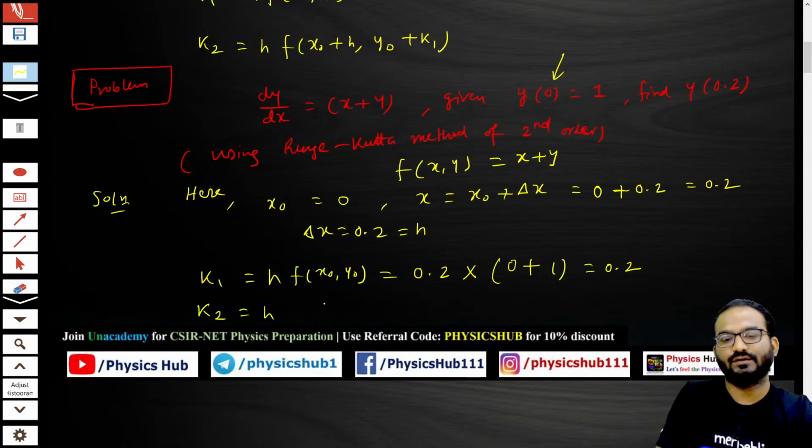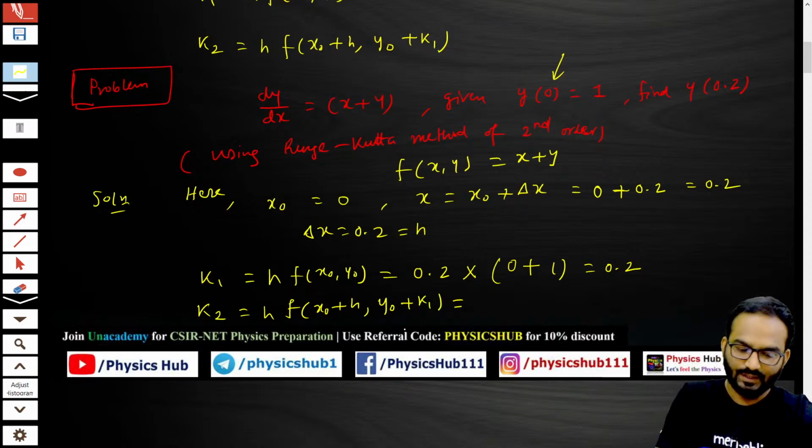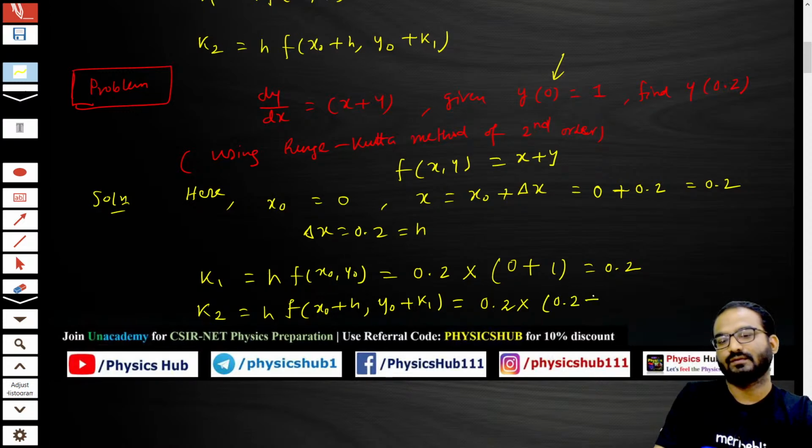The formula I have already given you: k2 is h into f of x naught plus h, y naught plus k1. The value of h is 0.2, so you just put in the values: 0.2 plus y naught plus k1. y naught is 1, k1 is 0.2, so it is 1.2.